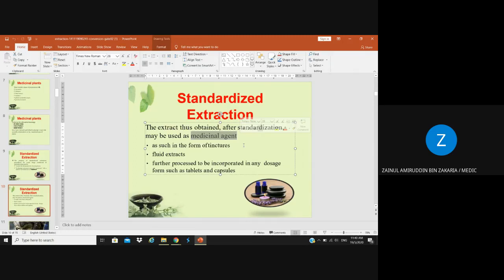That's why if you read a journal, there is a material and method section. You have a plant extraction section, whereby you have to describe that the plant was collected between November and December 2001.